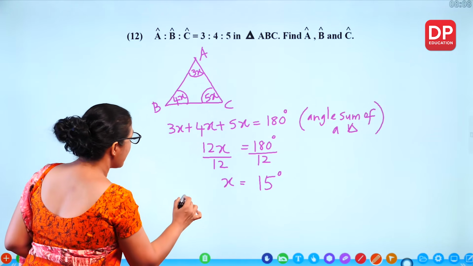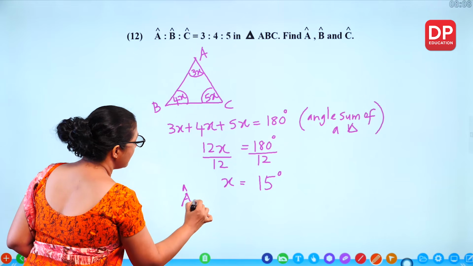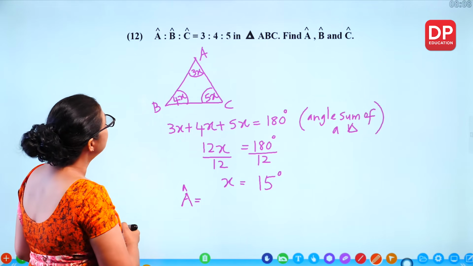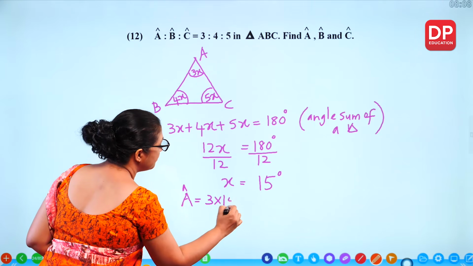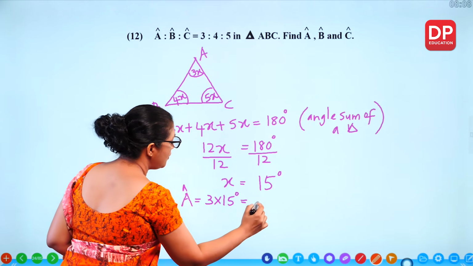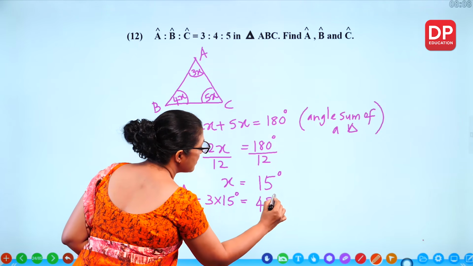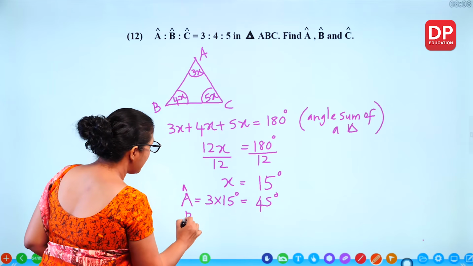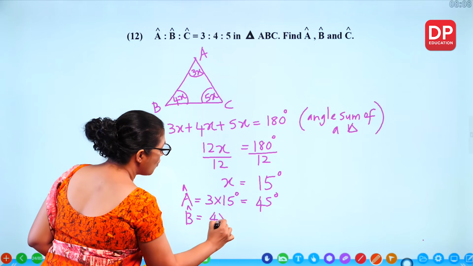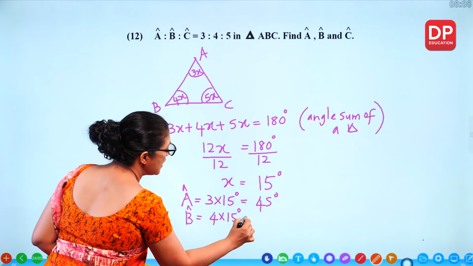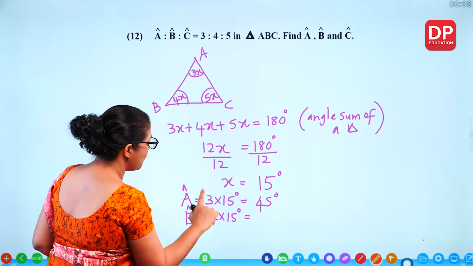So what's the A angle? A angle is 3 times 15. You get 45 degrees. B angle, 4x. 4 times 15. What's 4 times 15?